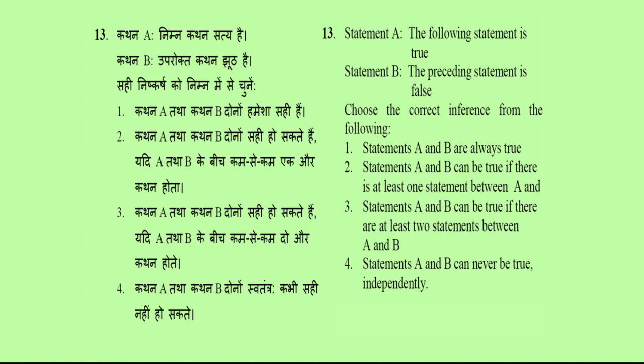Statements A and B can be true if there is at least one statement between A and B. Option 3. Statements A and B can be true if there are at least two statements between A and B. Option 4. Statements A and B can never be true independently.